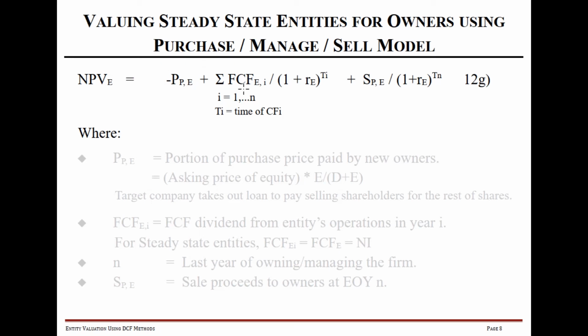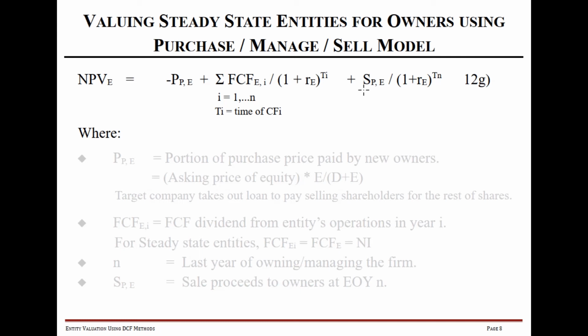And then we're going to enjoy the future free cash flows thrown off by the firm for the number of years that we own it, up to N. And of course, each one of those cash flows we have to discount back to T equals 0. So we have apples versus apples here.